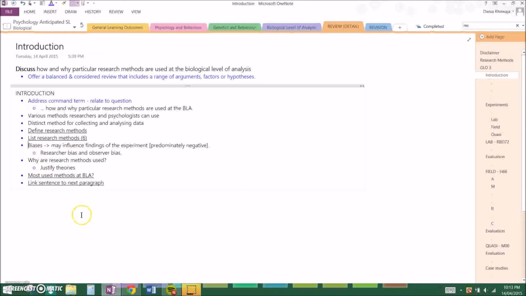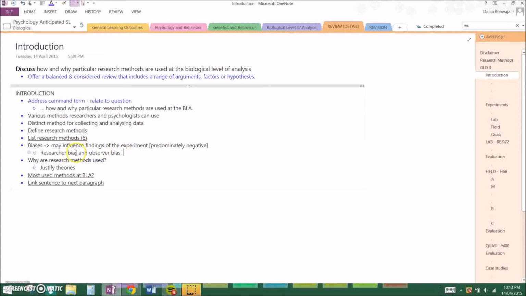You have to talk about biases because that is something very important in research. So basically in psychological research there can be biases present. I'm sure you've heard of this. These may influence the findings of the experiment, and mostly in a negative nature because they do affect the experiment. And the 2 main types of biases are researcher bias and observer bias.